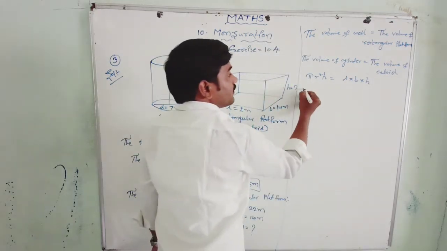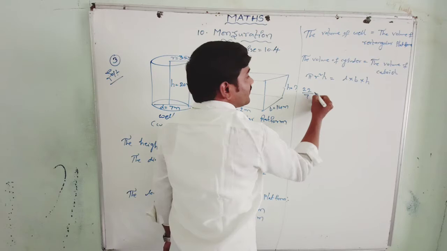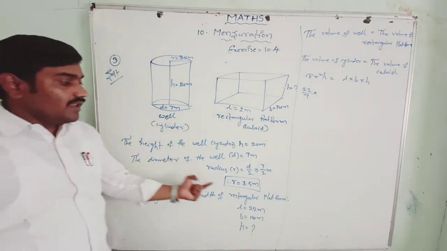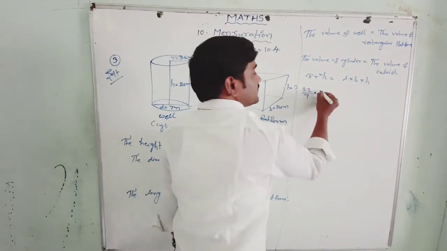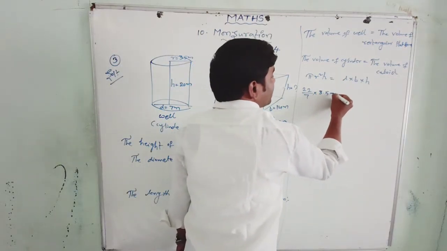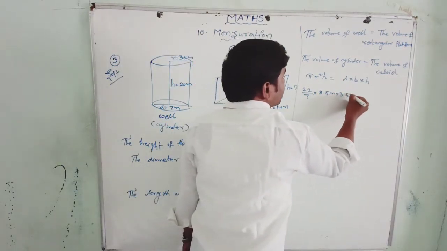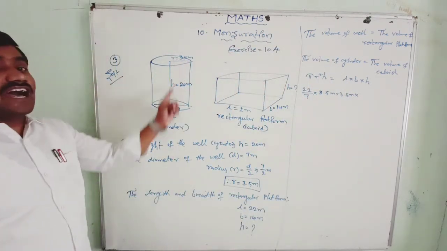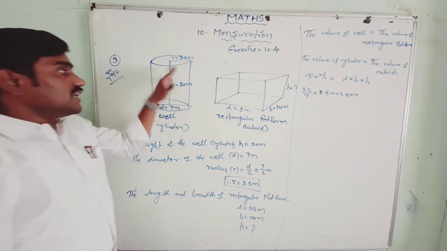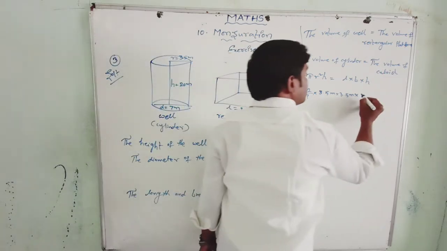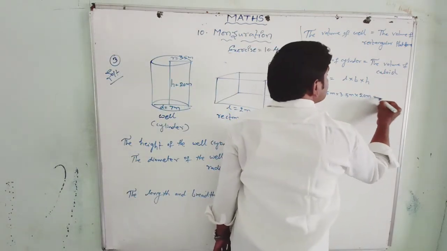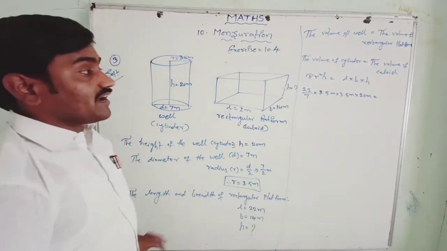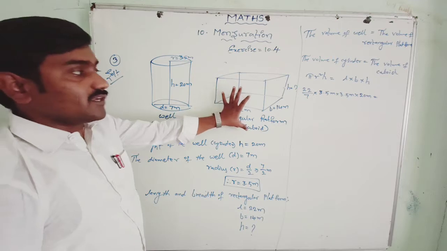Pi value is 22/7. R, the radius of the well, is 3.5 meters, 3.5 meters into 3.5 meters because it is r square. Height of the well, or depth of the well, is 20 meters, equal to L into B into H, length, breadth, height of the rectangular platform, nothing but cuboid.